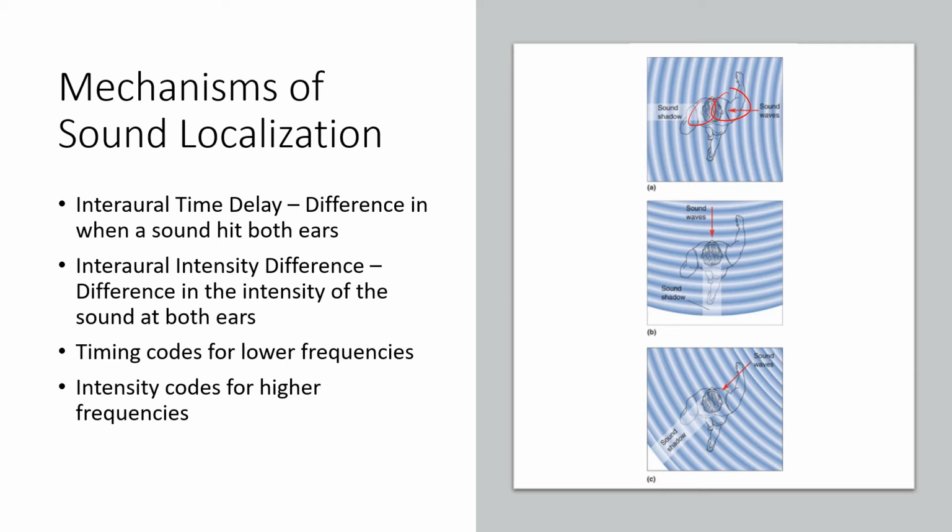So when the same frequency hits the opposite ear, the difference in volume level between the two ears is something your brain can cue off to figure out where that sound is coming from in terms of the horizontal axis.